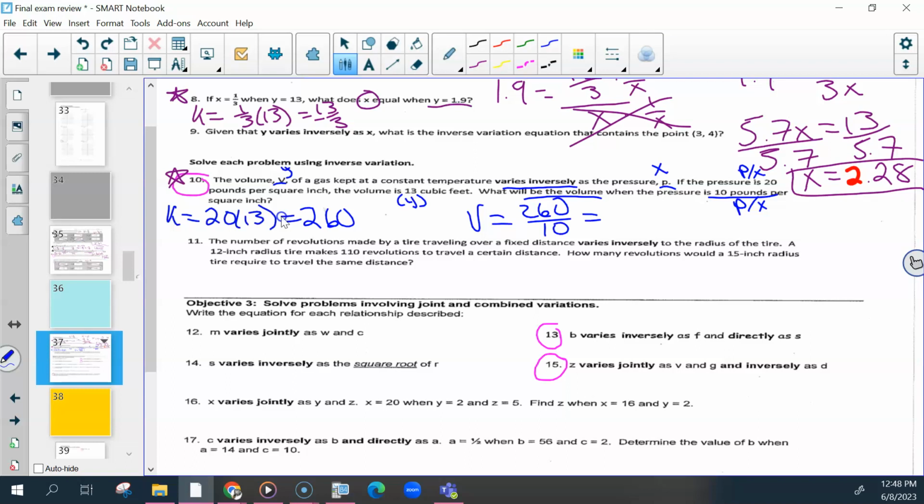What would V equal? 26. 26, and there's a word problem, so whatever the units were, cubic feet. Questions on that one or other questions in this section?